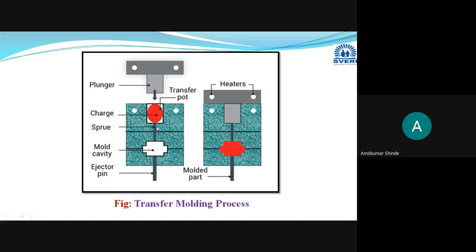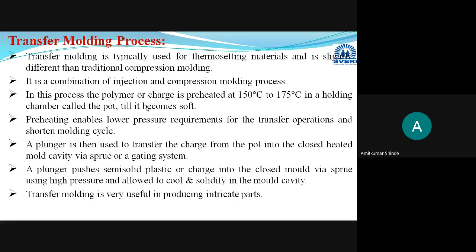Now, how is this process conducted? In the initial stage, the preheated charge, also known as the preform, is placed in this transfer pot or shooting cylinder. Whichever raw material is there, it is preheated in the temperature range of 150 to 175 degrees Celsius.